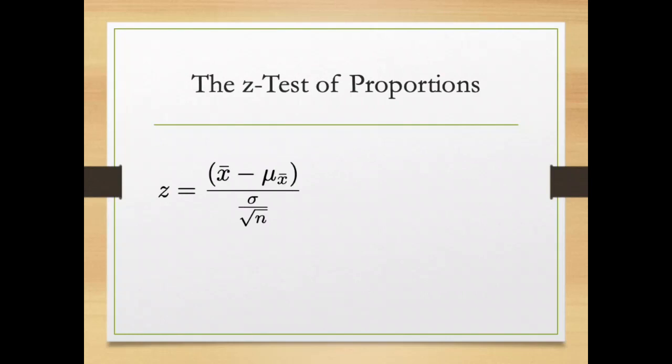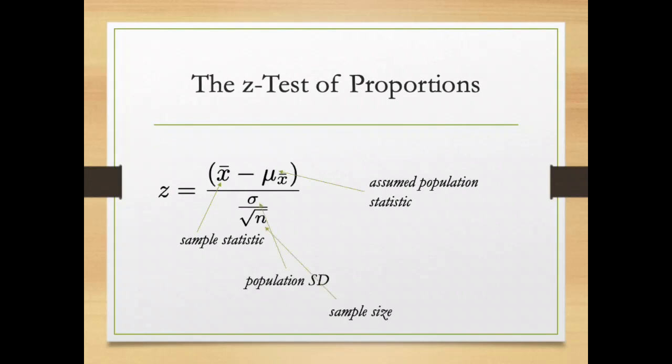The z-test of means was constructed as the difference between a sample mean and a null hypothesis mean, divided by the standard error, where the standard error was defined as the population standard deviation divided by the square root of the sample size. The calculation of this inferential statistic allows us to draw conclusions about the probability of deriving a particular sample statistic in a population that is assumed to have a particular value, given a population standard deviation in a sample of a particular size.